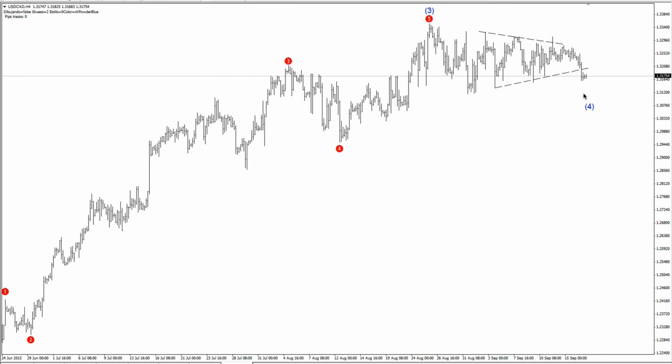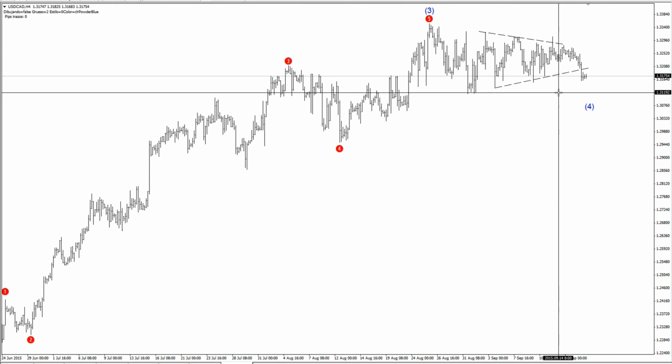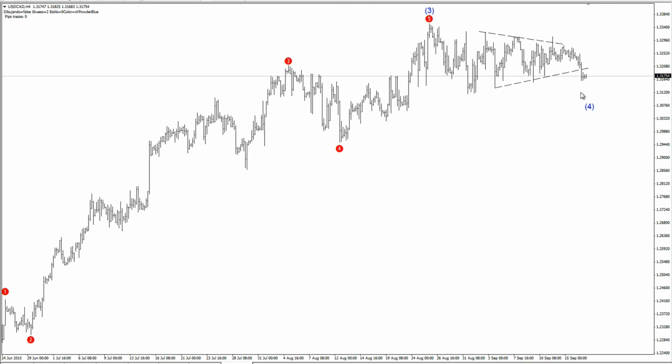If we get a decline below the next support at 131 or 131.2 level and towards those levels and even lower, it's obvious that this fourth wave correction is not over yet. So let's see what happens.